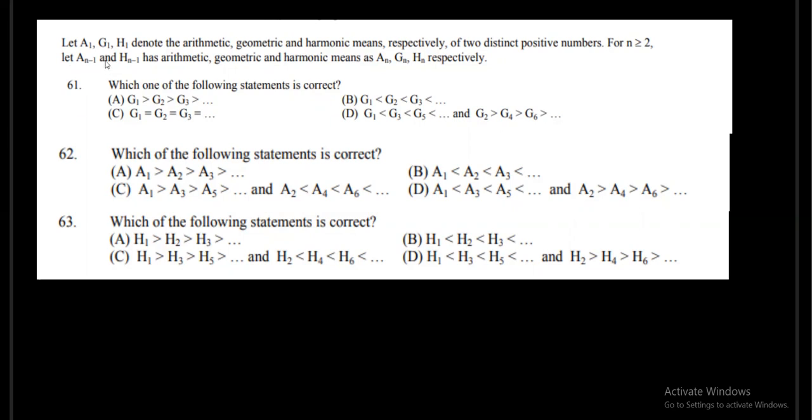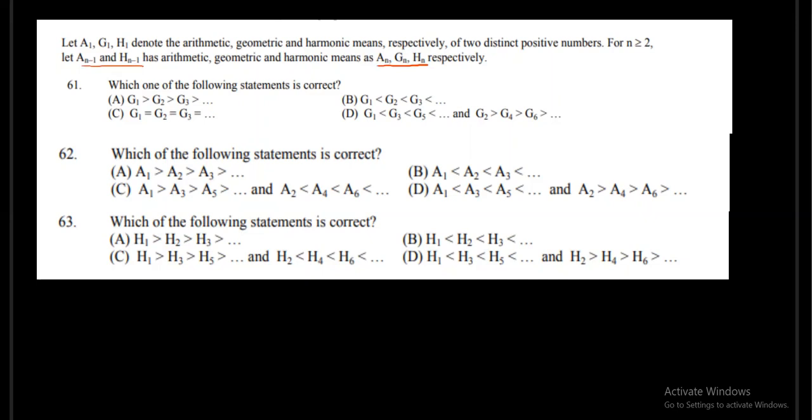So for these two numbers, we have the arithmetic mean, geometric mean, and harmonic mean as An, Gn, Hn as given in the question. Which one of the following statements is correct? Similar kinds of statements are given here: one for the geometric means, another for arithmetic means, and the third for the harmonic means.